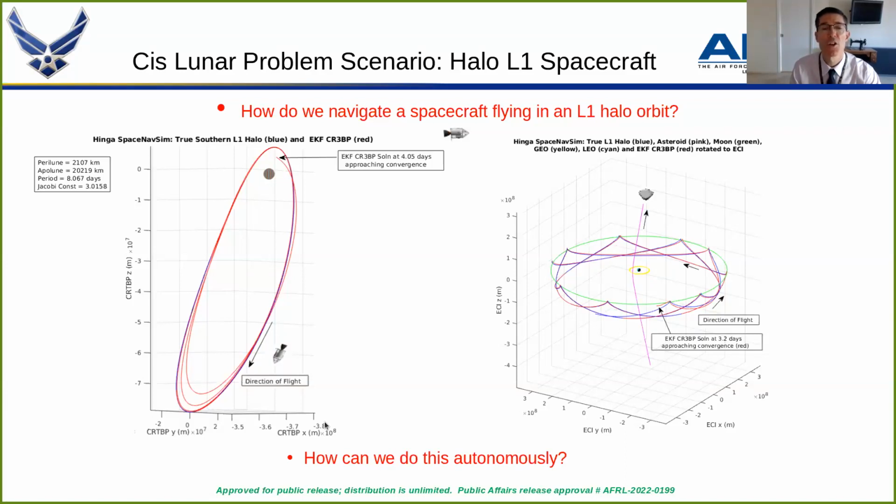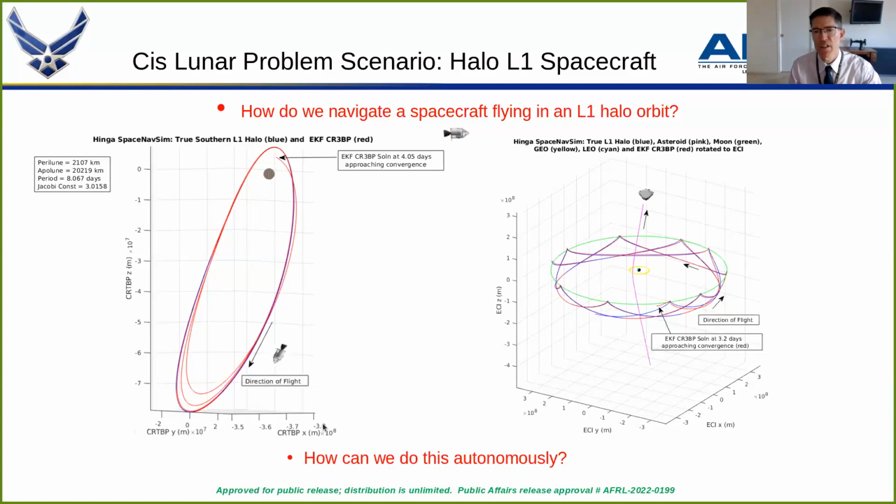You can see that it converges at about 4 days, using angular measurements to whatever object you're looking at. It's 2,100 kilometers perilune. Apolune is 20,000 kilometers. The period is about 8 days. And the Jacobi constant there is about 3.01.